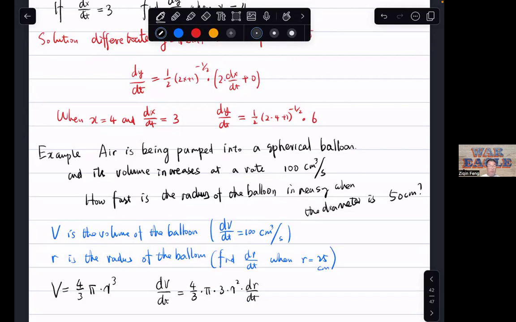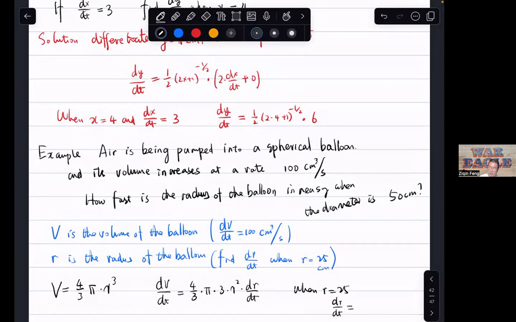So we are looking for dr over dt, plugging in all the conditions. When r is 25, dr over dt is the quantity we are looking for.